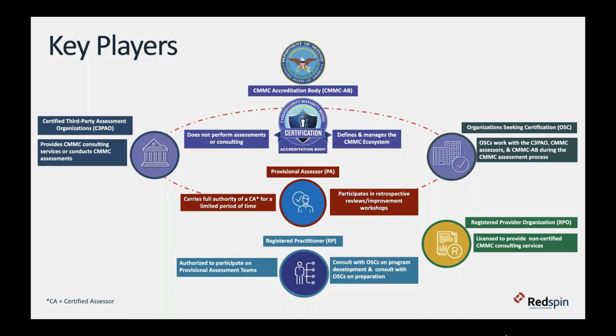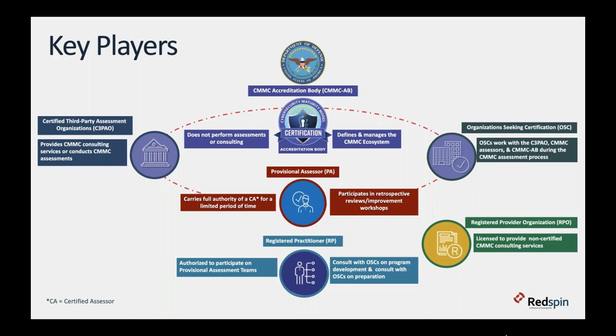The CMMC-AB manages the ecosystem and ensures that the stakeholders are operating in accordance with ethical and professional guidelines. Some of you have heard this before: the CMMC-AB is not a doer. It doesn't conduct assessments, it no longer conducts training, and it doesn't provide consulting services. That's left up to the SPOs and the IPSs. The CMMC-AB also ensures that the assessments are performed objectively and meet all CMMC guidelines.